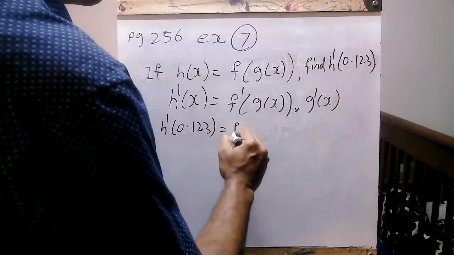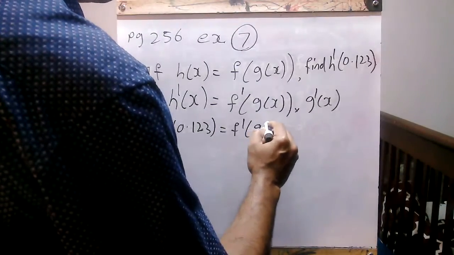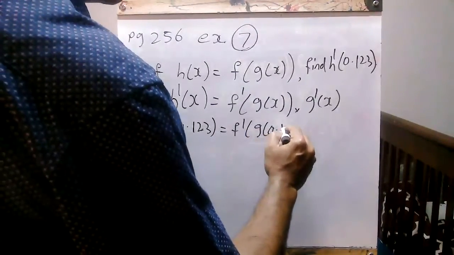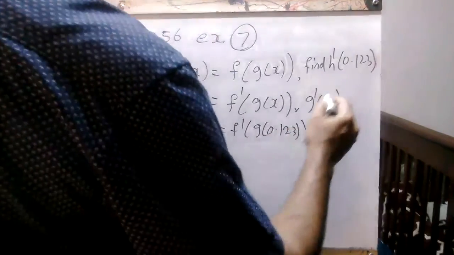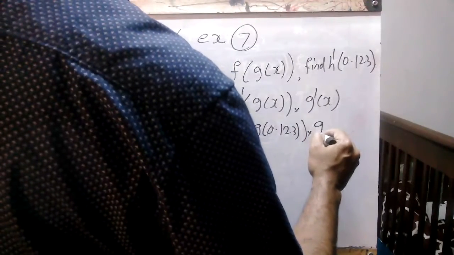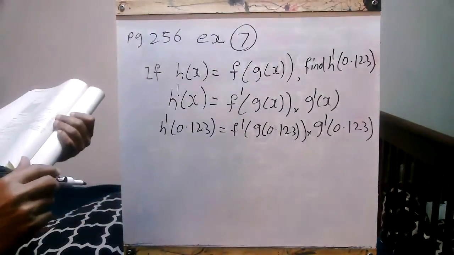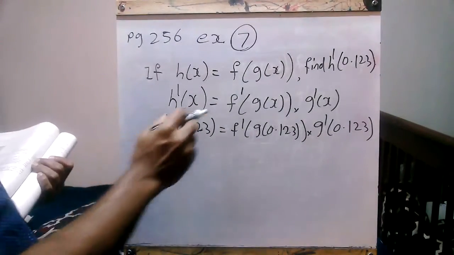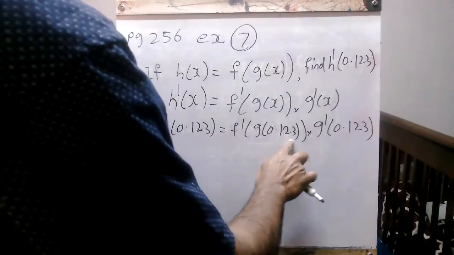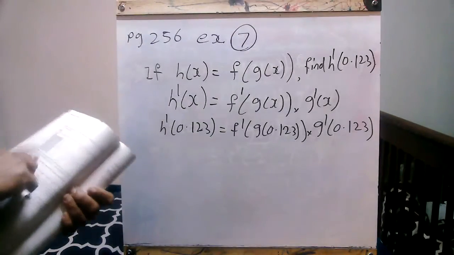H'(0.123) equals f' of g of 0.123 times g'(0.123). Okay, now g(0.123) and g'(0.123) are given in this table in the book.